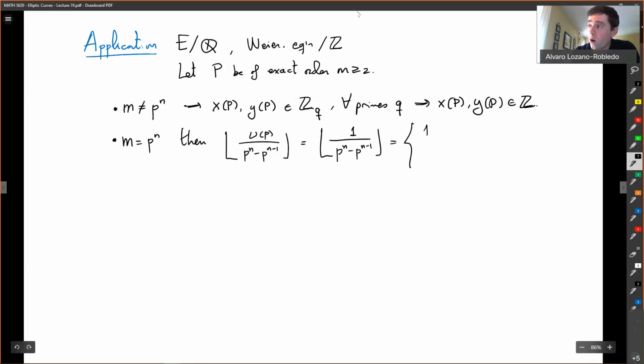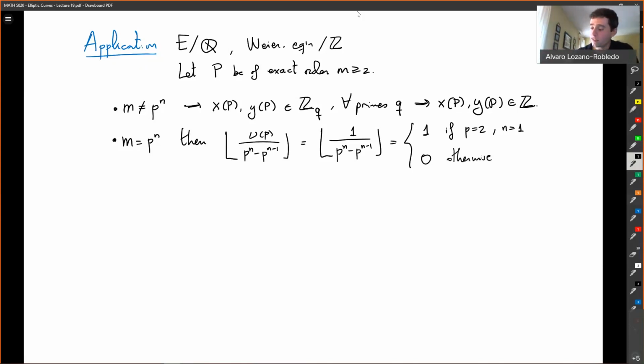It's actually going to be 1 if p is 2 and n is 1. And that's the only way that that fraction is 1, and then the greatest integer is 1, and otherwise it's 0. So even if p is 2, if n is 2, we already have 4 minus 2, so we already have a half in there, and the greatest integer now is going to be 0.